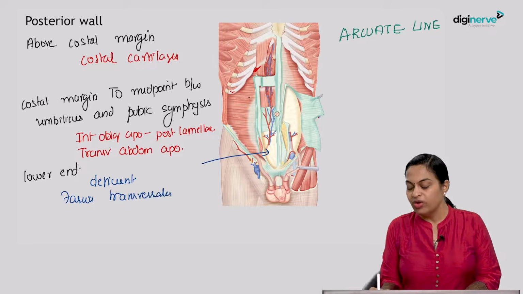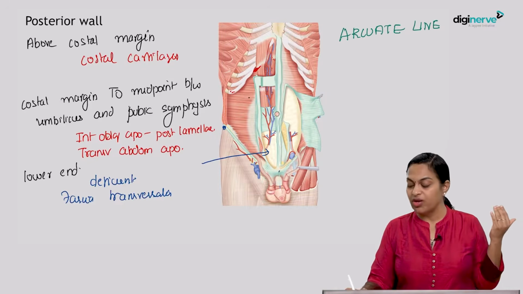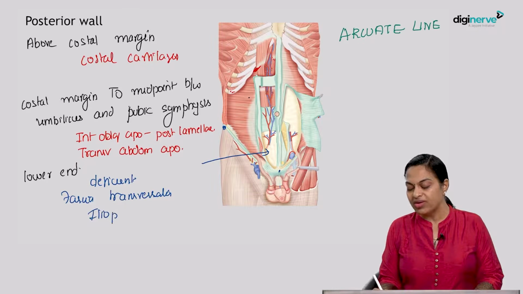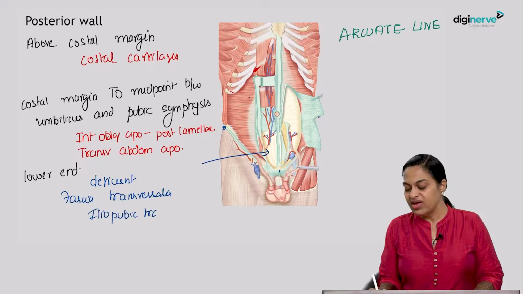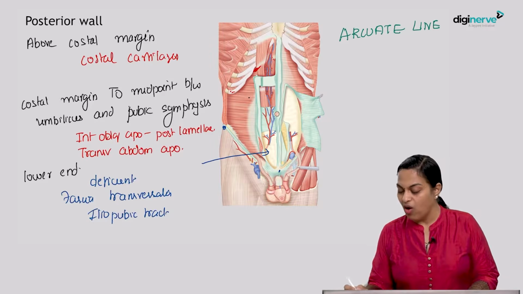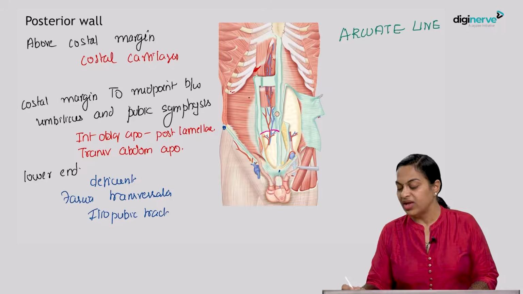Remember, we saw that the lower part of the fascia transversalis that extends from the anterosuperior iliac spine to the pubic symphysis is thickened to form the iliopubic tract or the Thompson's ligament. Yes, so that is what we see here. So this point where the posterior wall of the rectus sheath ends, can you make out a curved line?